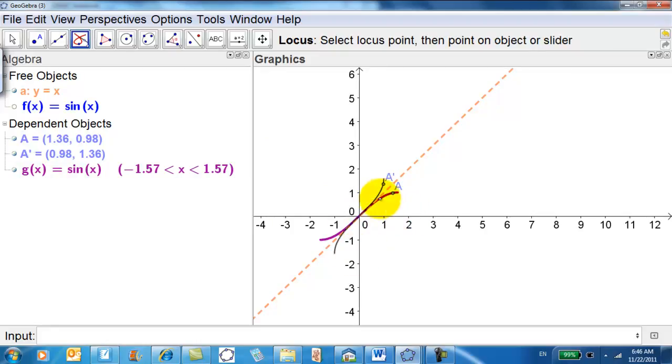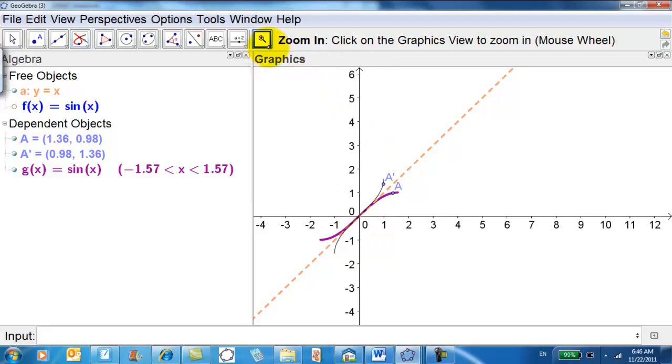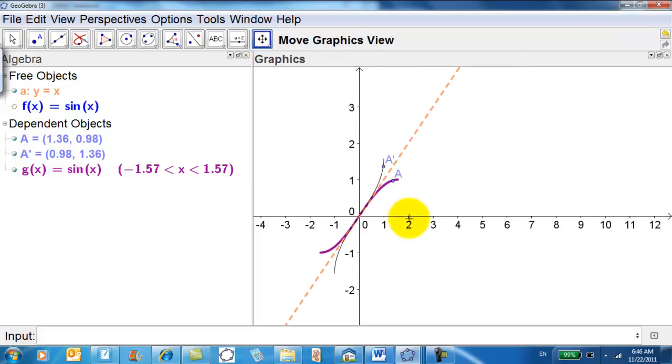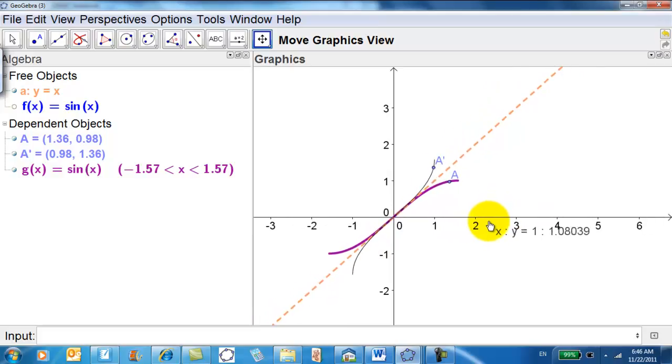Strange function. It also passes the vertical line test. And there's your inverse sine. Let's actually stretch this out a bit so we can see it better. There we go.